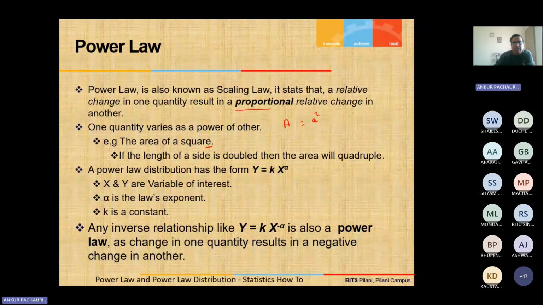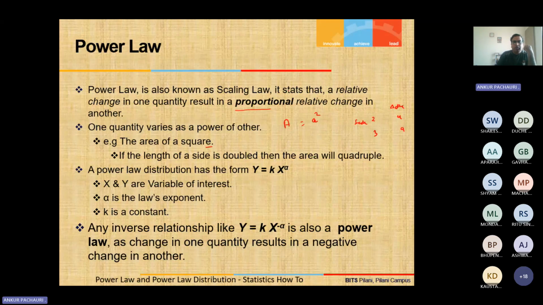So what is the law in it? Suppose the side of the square is 2, then the area will be 4. If the side is 3, the area will be 9. So with some change in one variable, there is a proportional change in the final value.